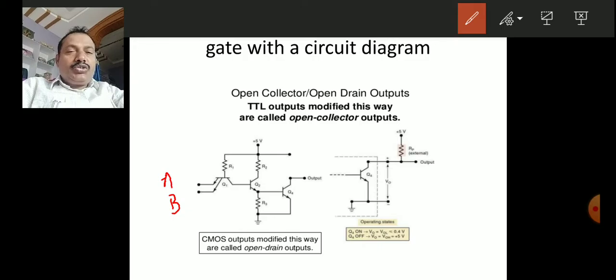If A equals 0, B equals 0, or A equals 0, B equals 1, or A equals 1, B equals 0, that means if both are zeros or either of these two is 0, the emitter junction is forward biased.